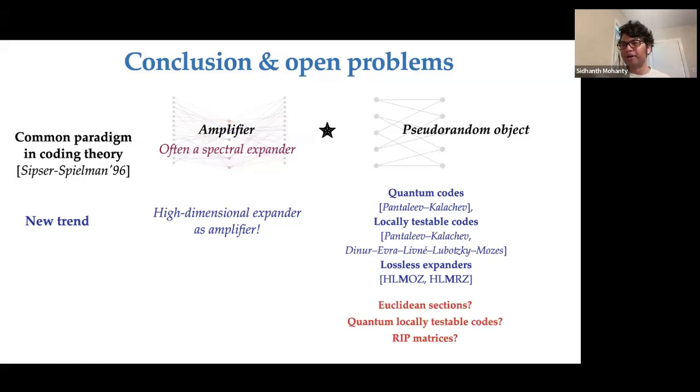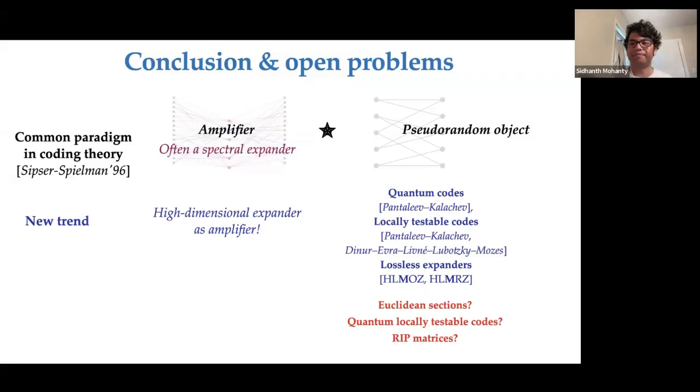And I just wanted to point out that there are still a lot of open problems in this area of getting explicit constructions of pseudo-random objects. Like there's a problem in geometry which has to do with constructing subspaces where the L1 norm is a very good approximation of the L2 norm, the so-called Euclidean sections problem.